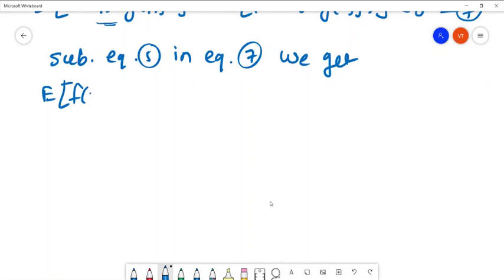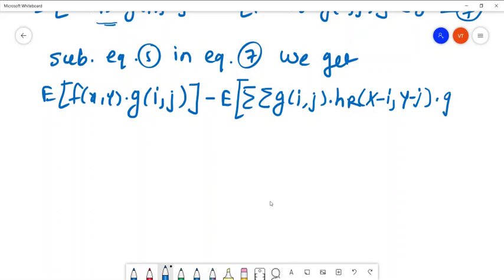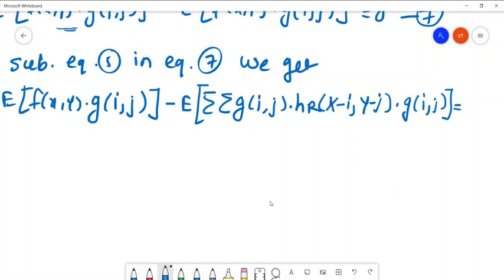E[f(x, y) dot g(i, j)] equal to minus E[double summation g(i, j) hr(x minus i, y minus j) g(i, j)] equal to 0, and this will vary from i equal to 0 to n minus 1, j equal to 0 to n minus 1.